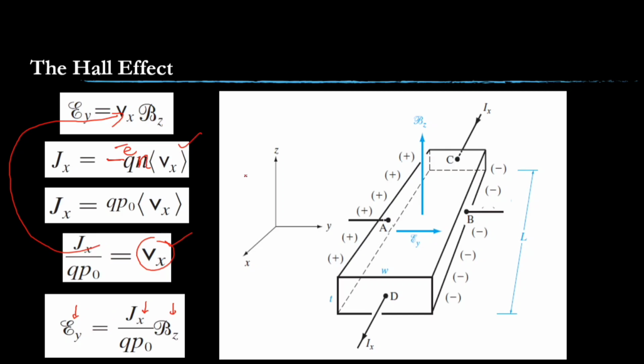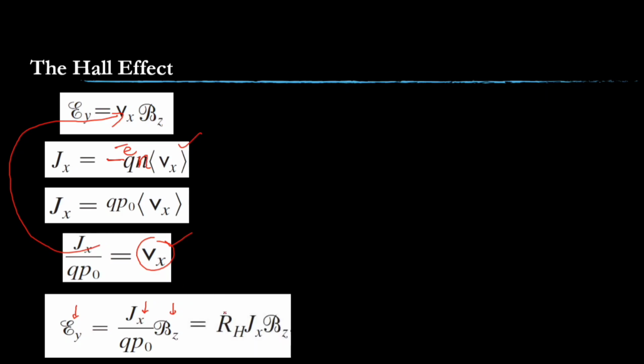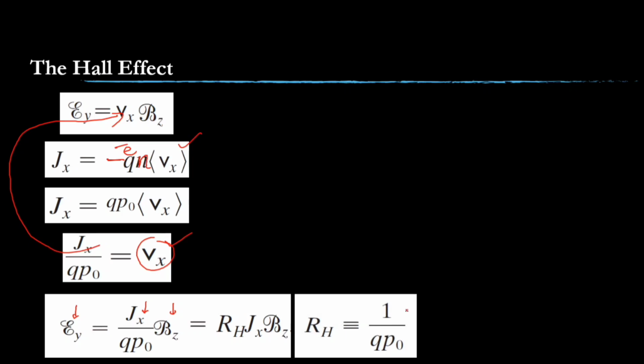Then I can rewrite this expression as epsilon y equals RH Jx Bz, where RH is equal to 1 by Q P0, and this RH is known as the Hall constant, or I can call it the proportionality constant.